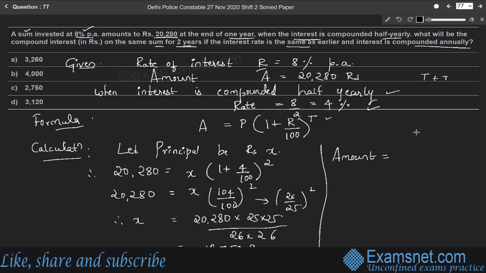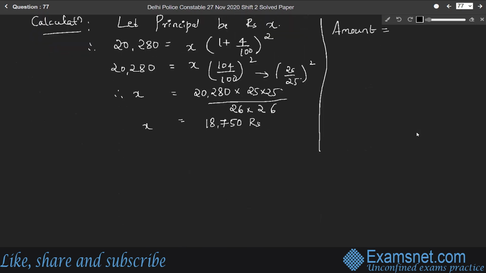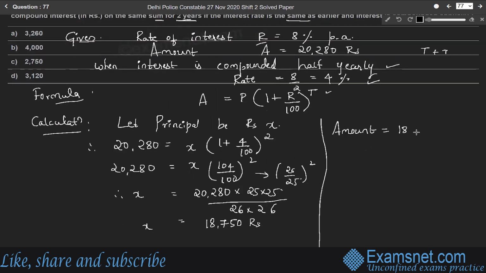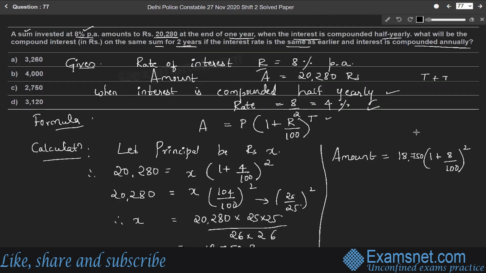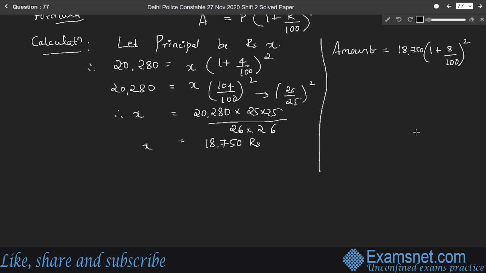Therefore, amount is equal to, what is the principal amount which we have calculated? 18,750 into 1 plus rate of interest 8/100 and the time period is 2 years, right? According to the question, second part of the question here, right? So simplify it. We have to find the amount. A is equal to 18,750 into 108/100 to the power of 2.